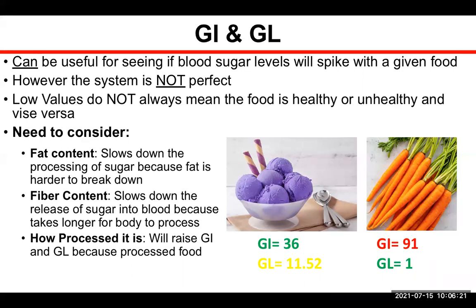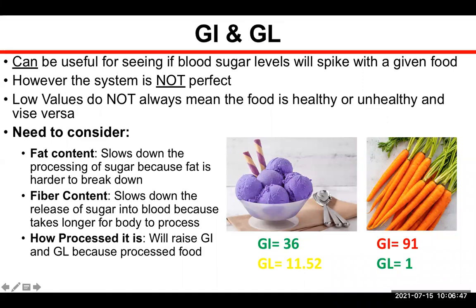You want to consider the fiber content, because fiber slows the amount of sugar that's released into the blood. And then finally, you want to consider how processed the food is. The more processed a food is, the more it's typically going to raise both the glycemic index and the glycemic load, because a lot of processed foods have added sugars.